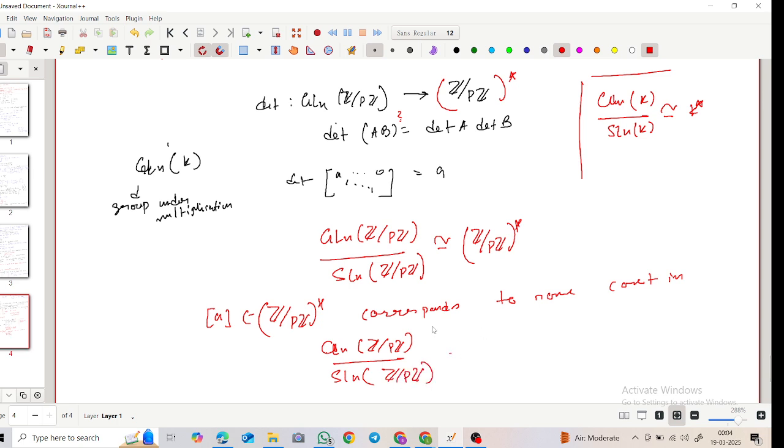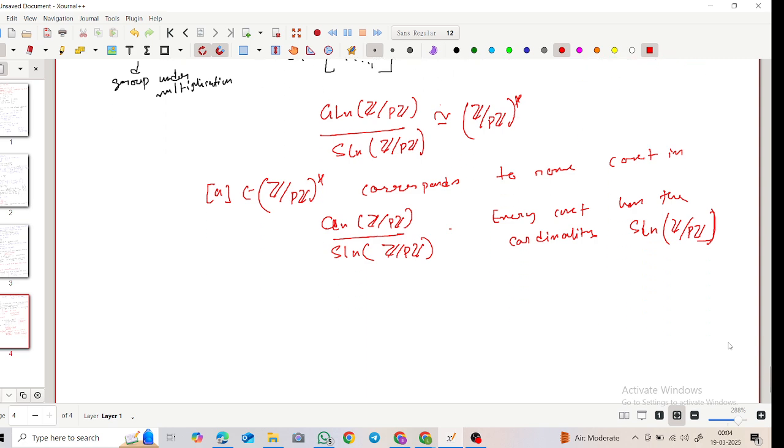This corresponds to some coset under this isomorphism, and every coset has the cardinality of SLN Z. That is from Lagrange's theorem. In G mod H, every coset has a cardinality of H. So that is true.